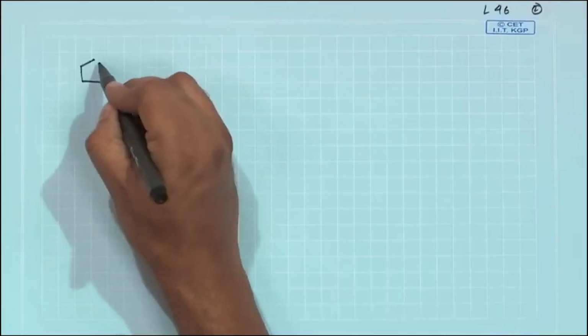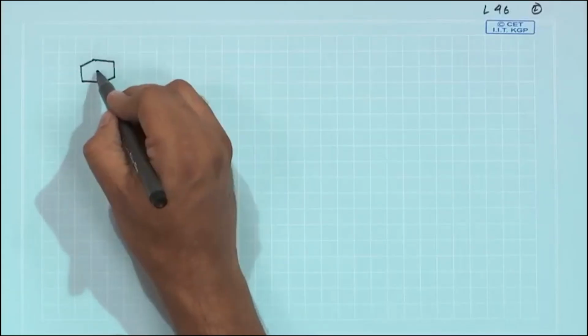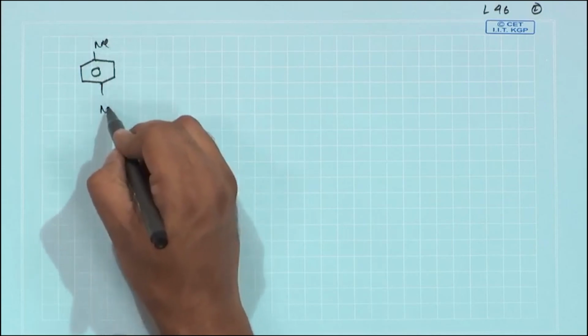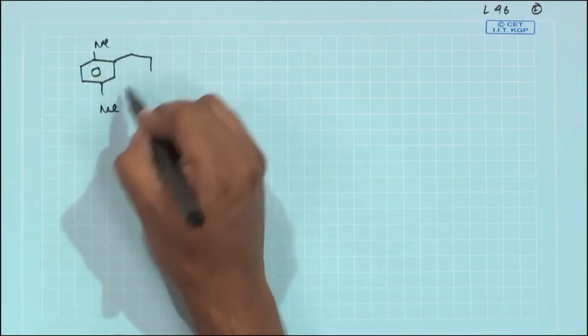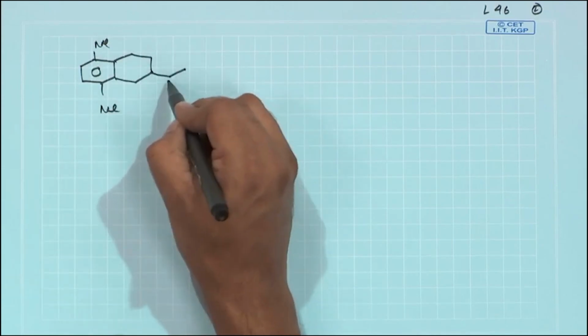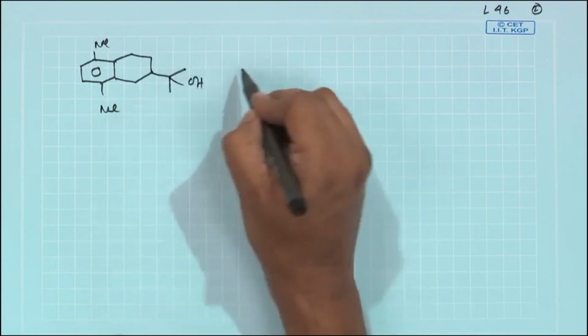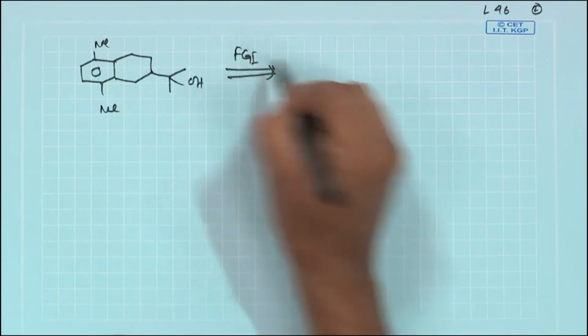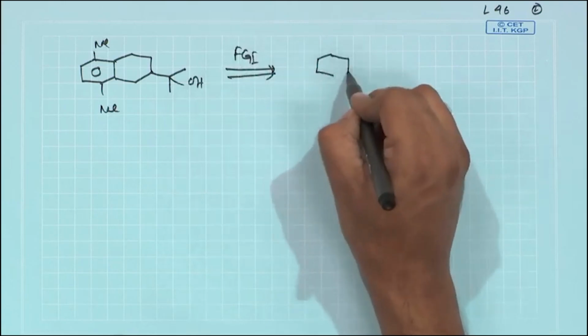Now, what I am trying to do is first draw the oxidol structure again as our target molecule, and then the initial FGI will be the Grignard reaction.